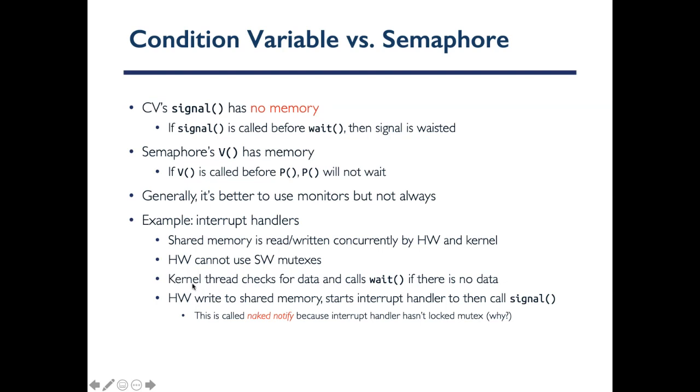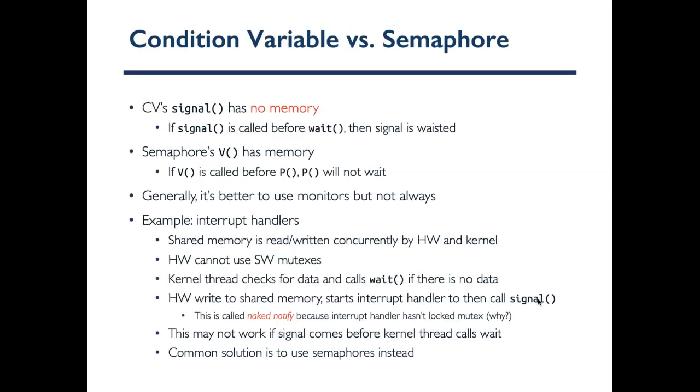So now let's say the kernel thread wants to wait, and here the interrupt handler is going to use the signal without holding the mutex, because it cannot hold the mutex. Now this causes a problem, as I mentioned. The kernel, before it puts itself to sleep, before adding itself to the waiting queue, this signal could come and then get lost. And then the kernel puts itself to sleep and waits forever.